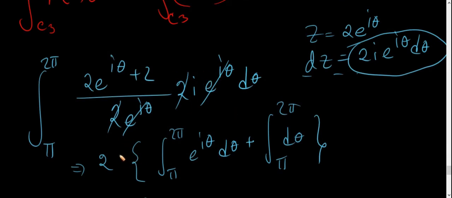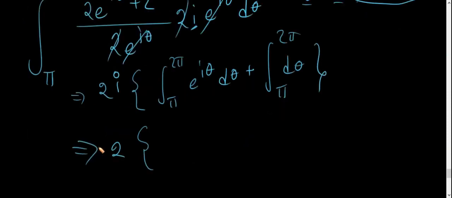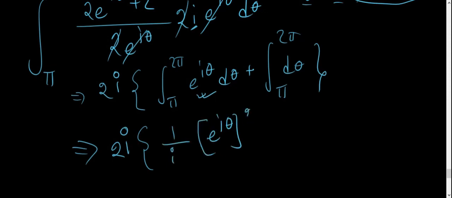There is an i over here. You see this i, it's not getting cancelled out, so there is an i over here. Now if we go back to this integration, it will be 1 upon i e to the power i theta from pi to 2 pi, and here you will just have 2 pi minus pi, right?